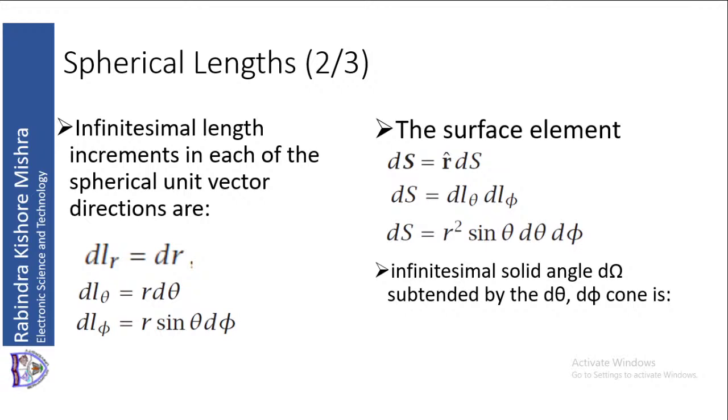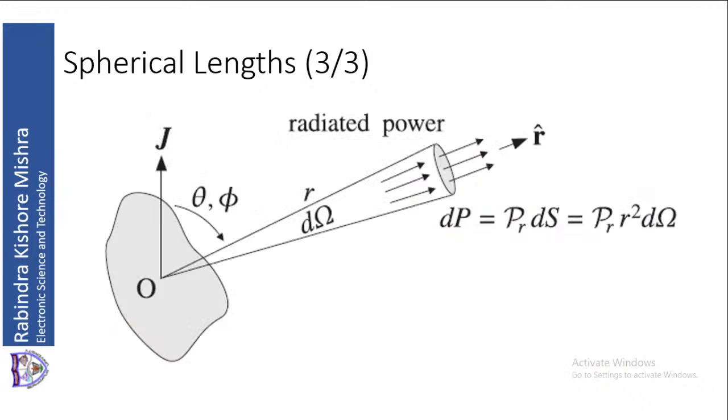So the infinitesimally small solid angle d omega, which is subtended by the angle d theta and d phi cone, will be given as ds is equal to r square d omega, using this concept of length. So d omega is equal to ds by r square, which is sin theta d theta d phi.